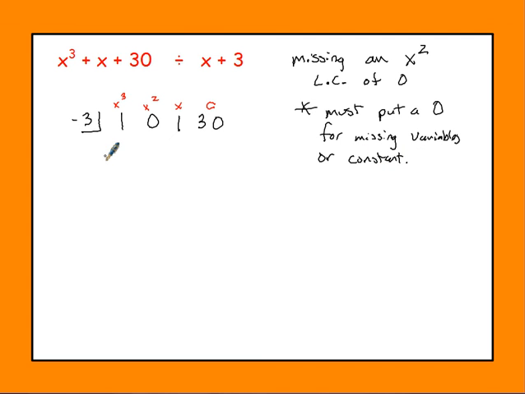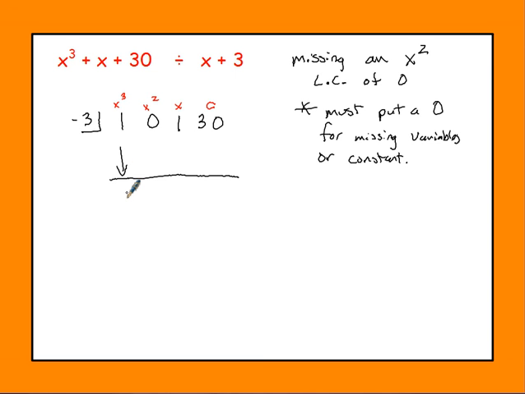The reason I'm telling you that you have to is because you could have put 1, 1, 30, and you would have gotten an answer. It just would have been the wrong answer. So make sure if you're missing a variable in between, you have to put a 0. And you can have 2 zeros, 3 zeros written down, okay? It doesn't matter.